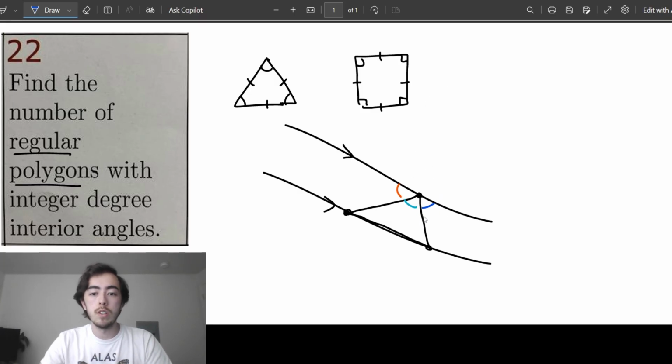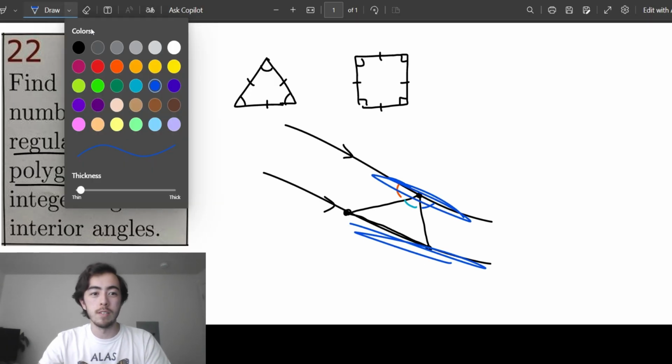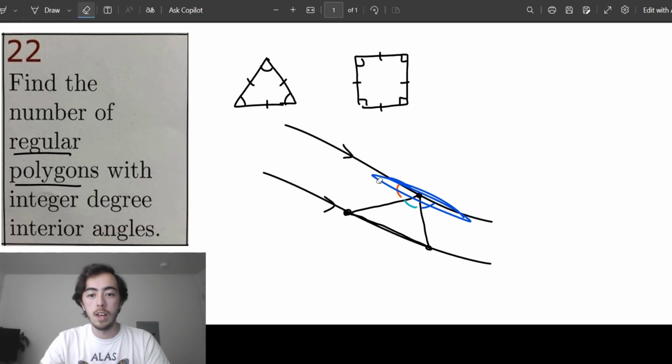And then we could use the alternate interior angle theorem, where when we have angles on the inside of these parallel lines, so interior angles, and when they are on alternate sides of this diagonal, or the transversal, they are going to be congruent.